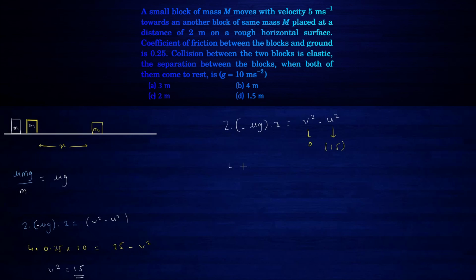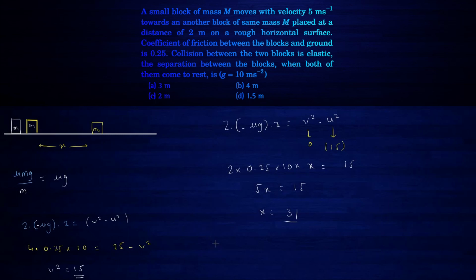So 2 into 0.25 into 10 into x equals 15. This is 5 x equals 15, so x equals 3. So both ways we get the same answer.